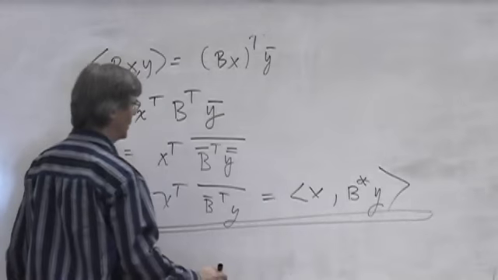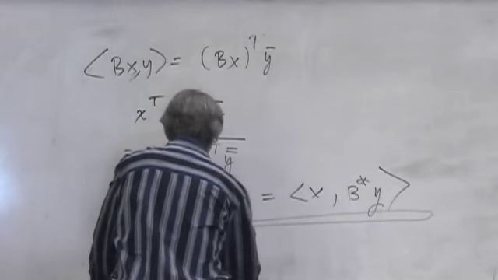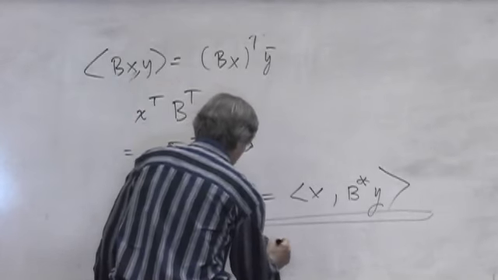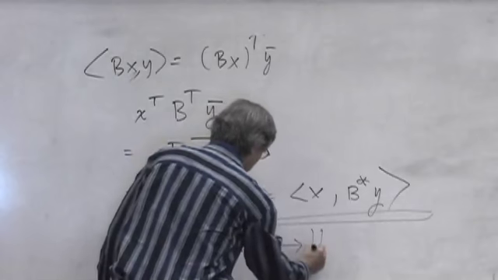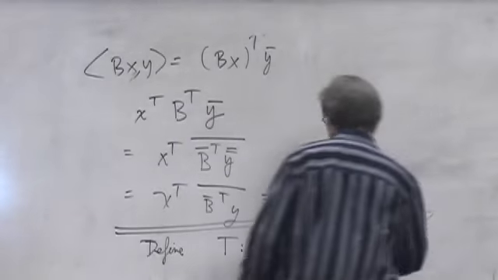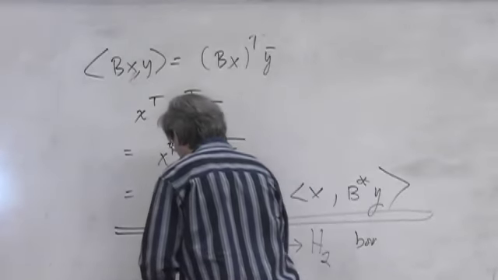So what I want to do is define, given that T is an operator from a Hilbert space to a Hilbert space, actually I'm going to be able to take it from one Hilbert space to another Hilbert space, a bounded linear operator. Assume that you have one of these.